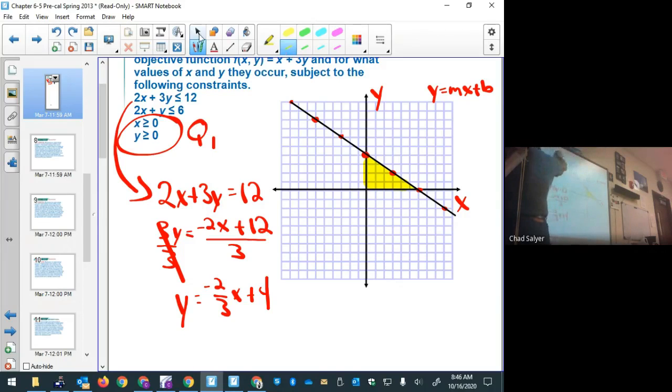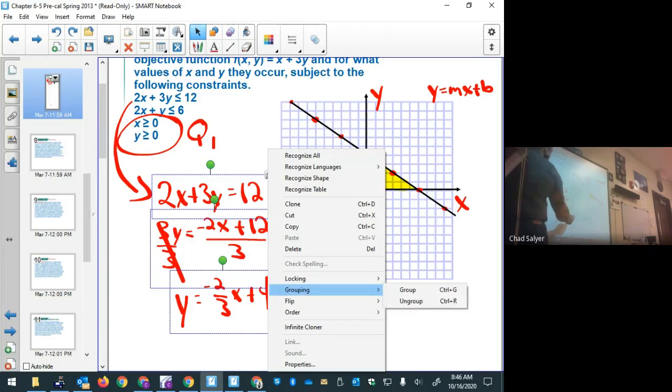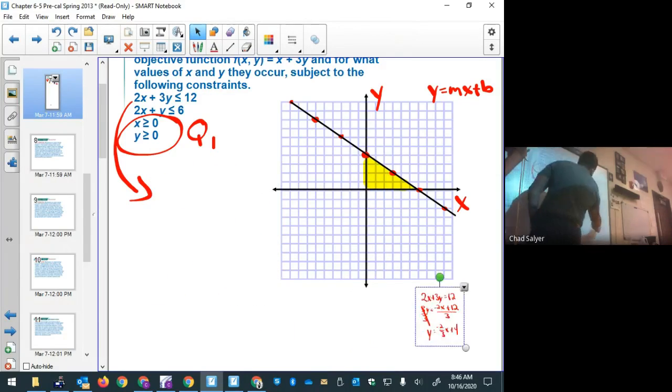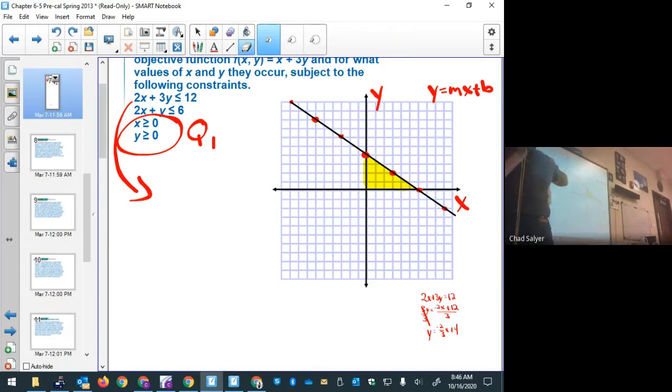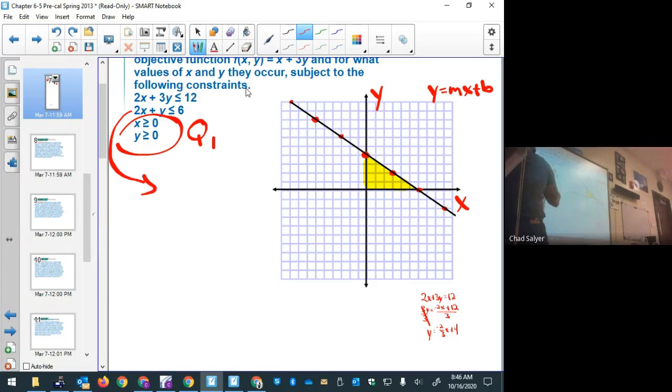Now let's do the second constraint. This time we're worried about 2x plus y equals 6, which is the boundary of that second one. I say y equals negative 2x plus 6. There's no coefficient of y to divide away this time, so I just have it like this.